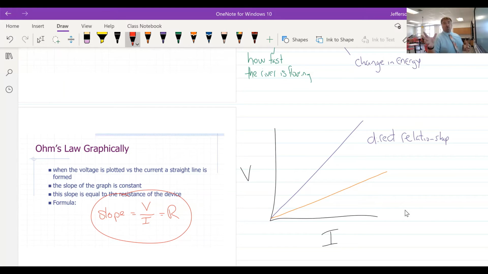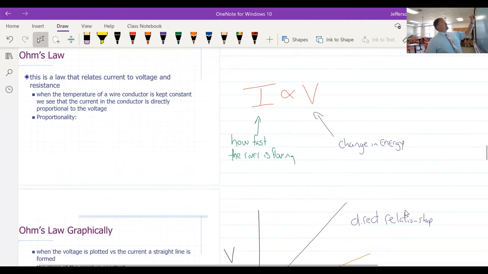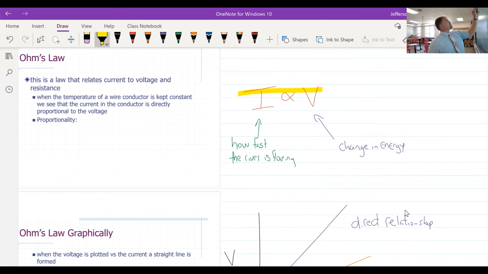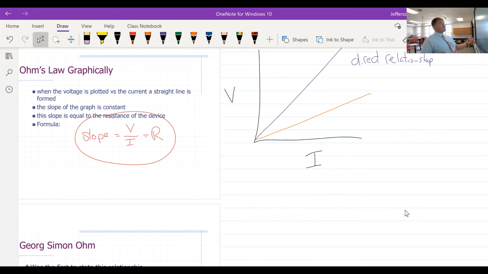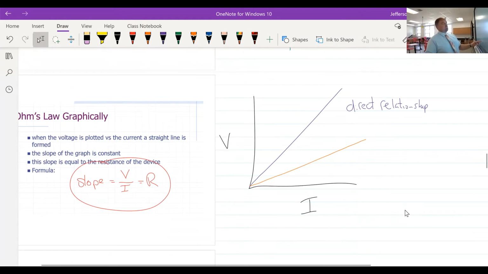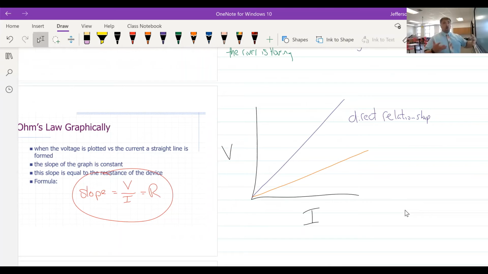It's kind of a variation of Ohm's law. Okay, Ohm's law technically is that the voltage is proportional to the current, or current is proportional to the voltage. I call this Ohm's consequence because it links back and it shows that direct relationship. And it talks about how that slope is actually going to be equal to the resistance of the material.